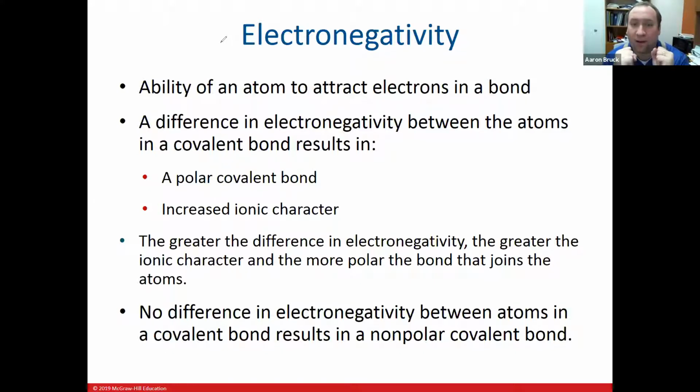And depending upon how unevenly they share, they can result in a polar covalent bond, where they're still sharing electrons with each other, but electrons are spending more time with one of the atoms and less time with the other atom. Or we can talk about ionic character in general, where the electronegativity difference is so great that the electron literally leaves the one atom and goes to the other.